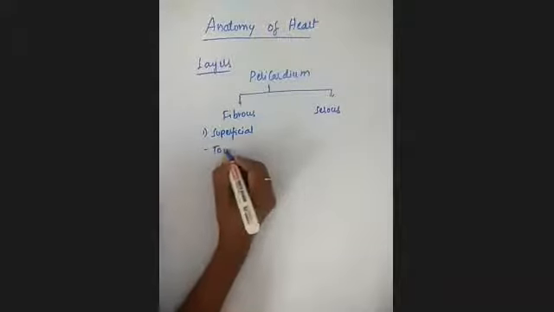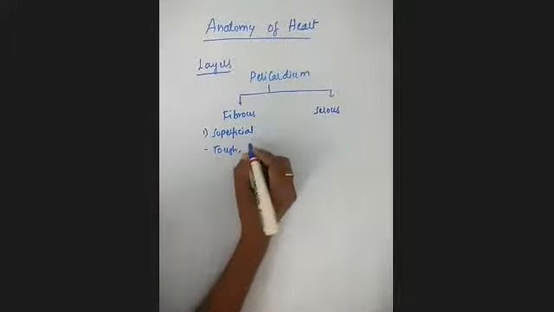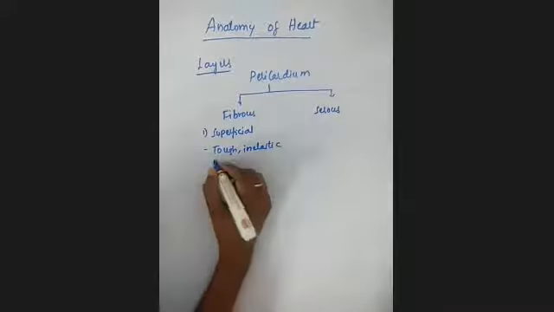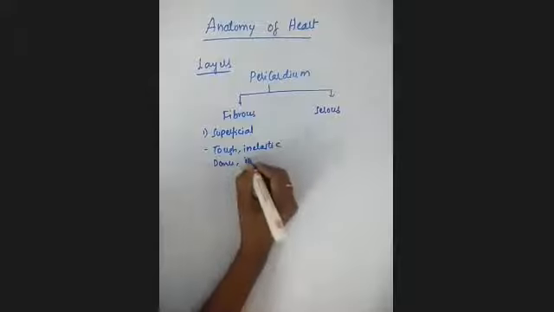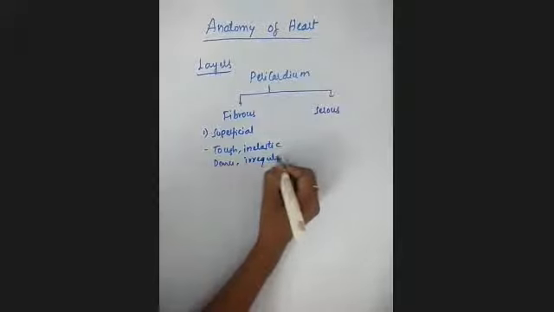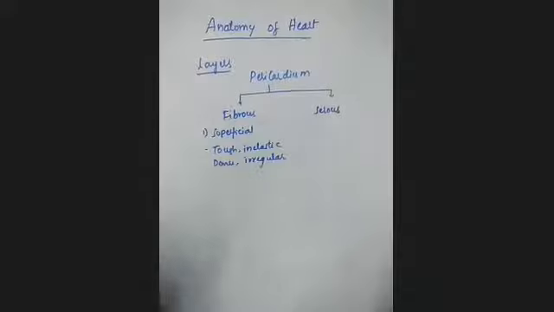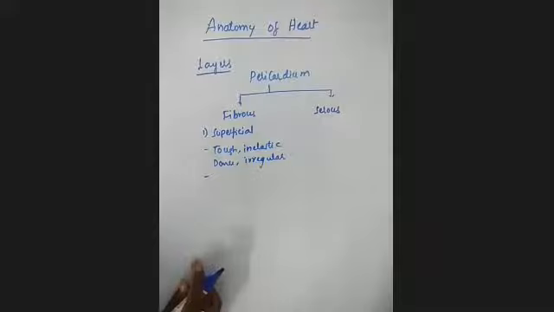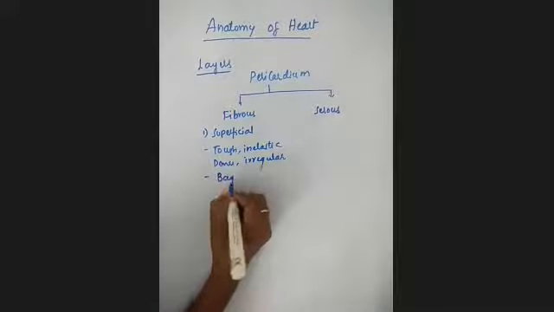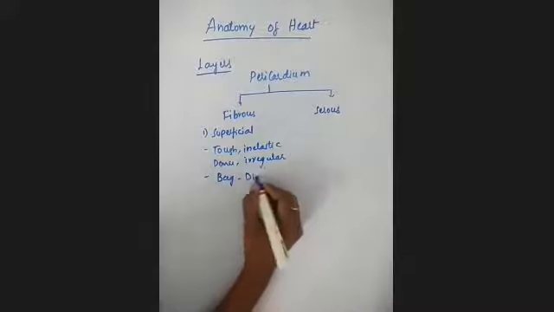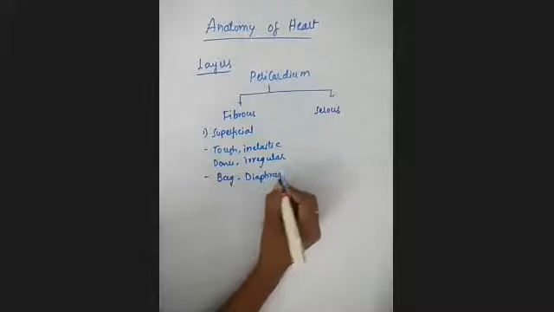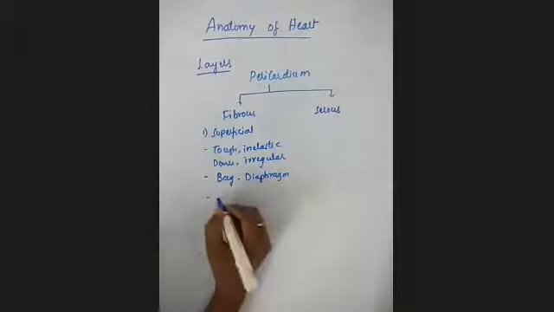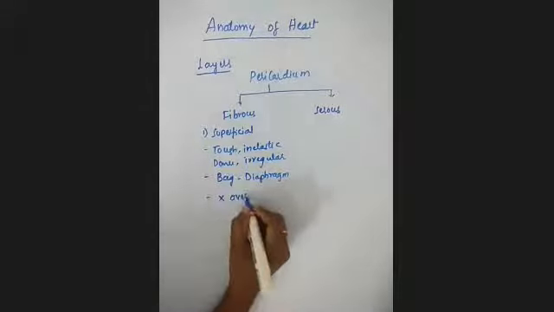It resembles a bag, and it is attached to the diaphragm. And next, this fibrous pericardium mainly prevents overstretching.